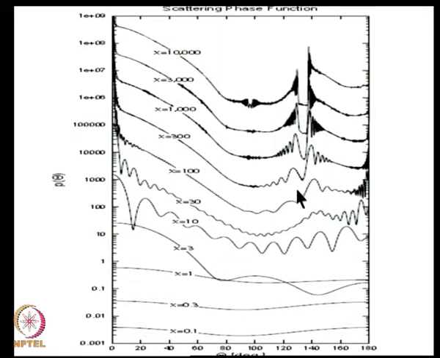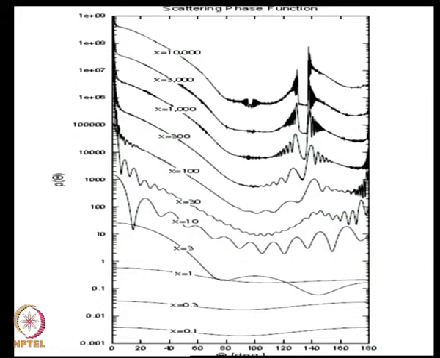So, this kind of phenomena where there are sharp changes in the scattering efficiency at certain angles, these are very important from the point of view of explaining a number of interesting optical phenomena in the atmosphere, and these will be discussed in a subsequent lecture.